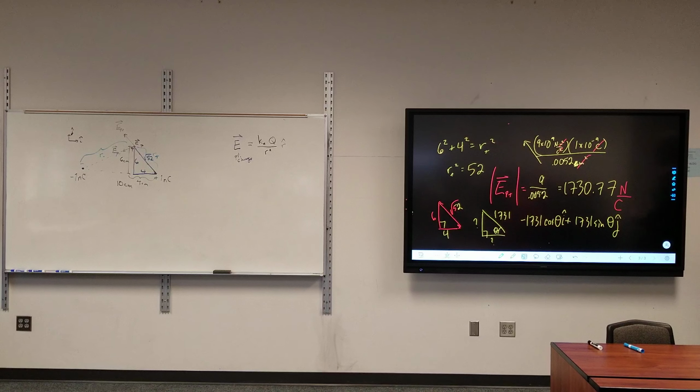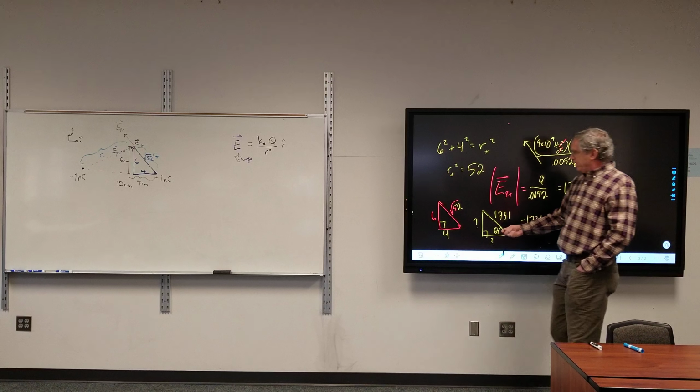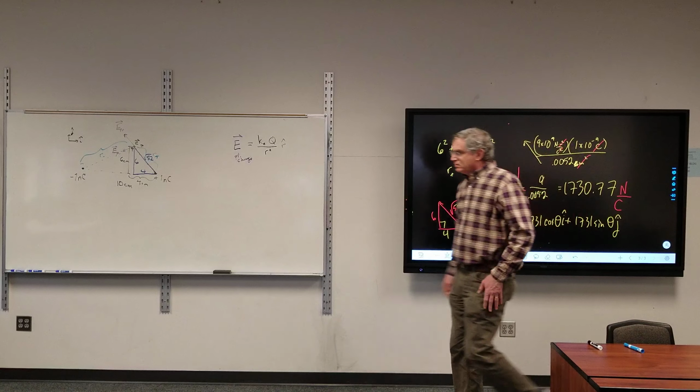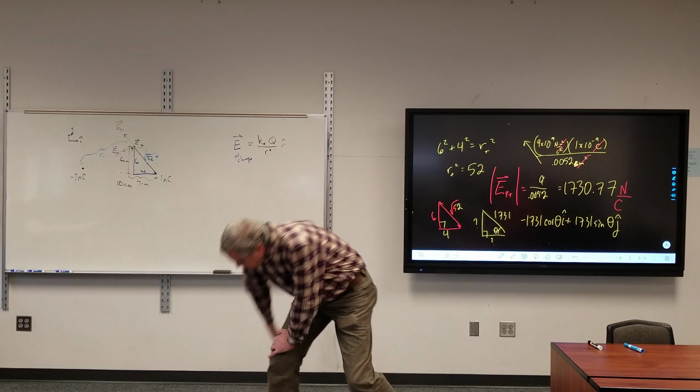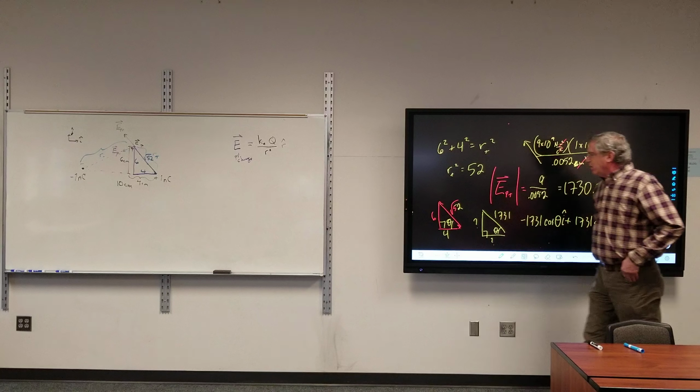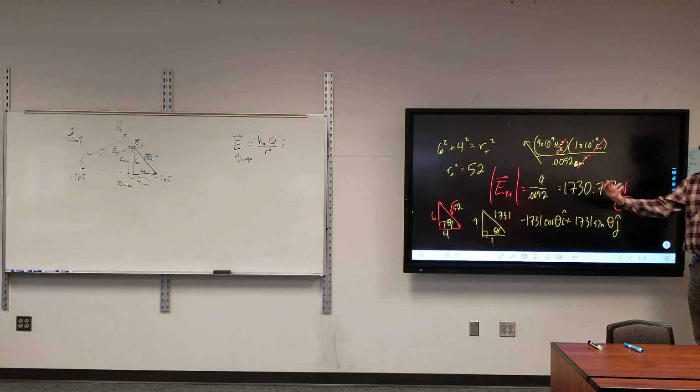Now, we don't actually need to figure out what theta is. You can if you want, but that adds just one more place where rounding kicks in. I know that cosine theta, that angle there is theta. Cosine of theta is the adjacent over the hypotenuse.